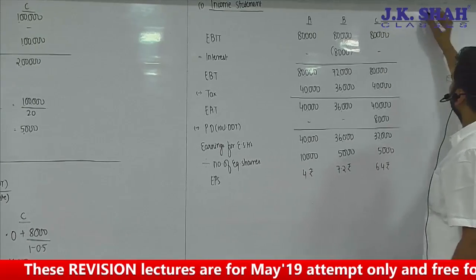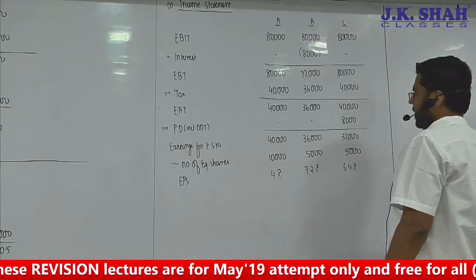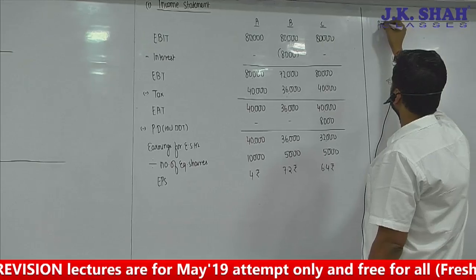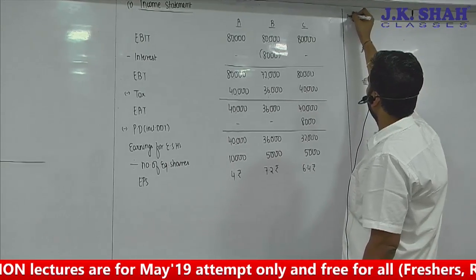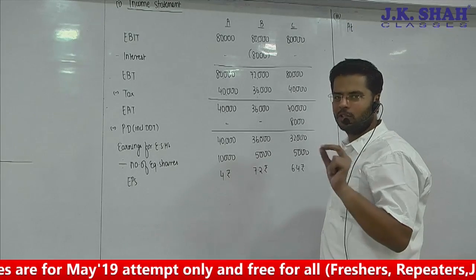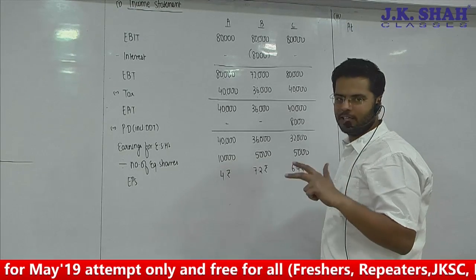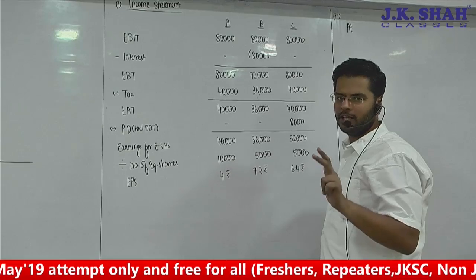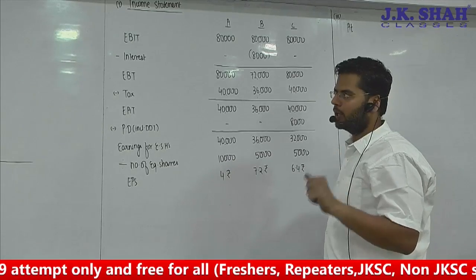So we are going to calculate the indifference level between plan B and plan C. That is the only point, friends, that is worth noting here, because in all the other plans you will be able to get the indifference level by doing the computation.